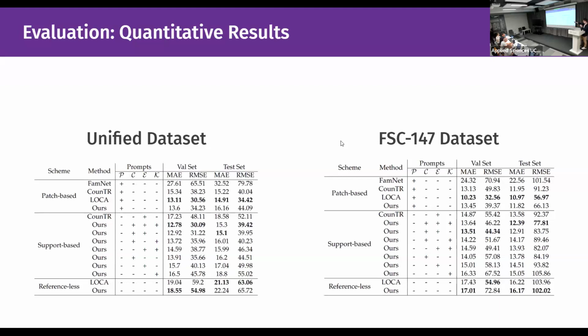But if we take a look at our dataset, you can see some metrics highlighted in bold, and basically, if you use all combinations of external prompts, we achieve the same results as the current state of the art. But one advantage is that it's a support-based method, so we do not need to annotate the image during inference. Yes, that is what I'm seeking, because on this unified dataset, the patch-based LOCA is better.